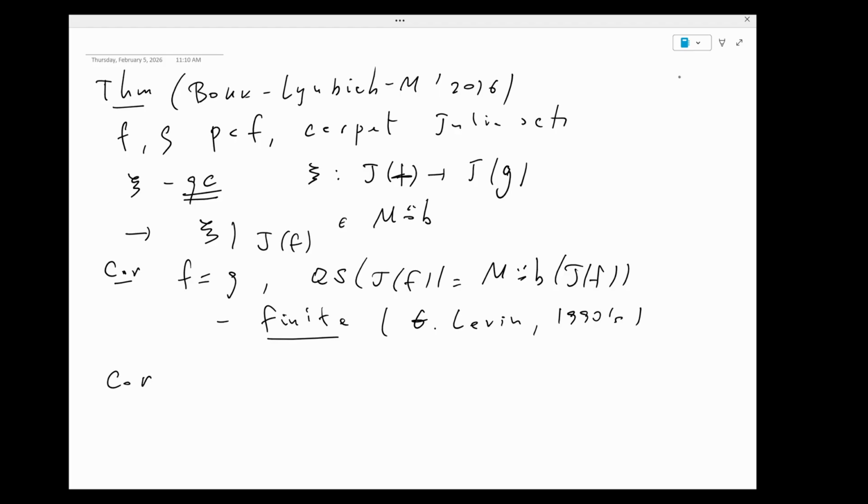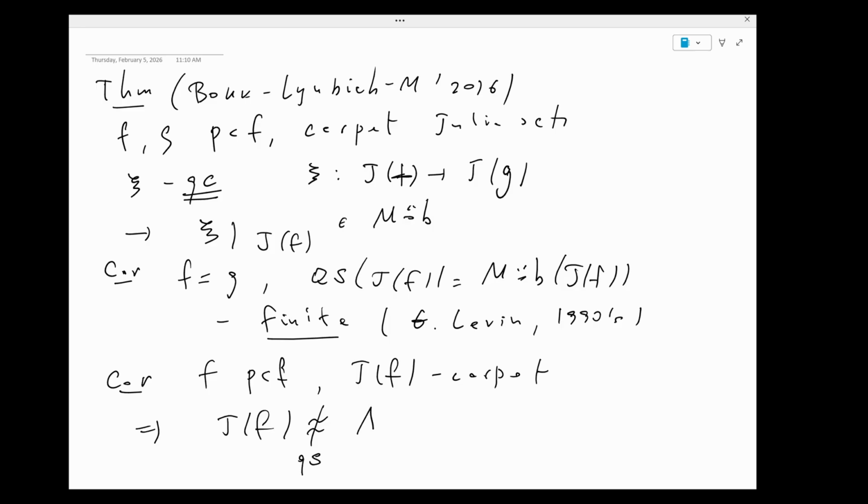A corollary to this corollary is that if you have a PCF map whose Julia set is a carpet, then the Julia set cannot be quasi-symmetric to any limit set of a Kleinian group.